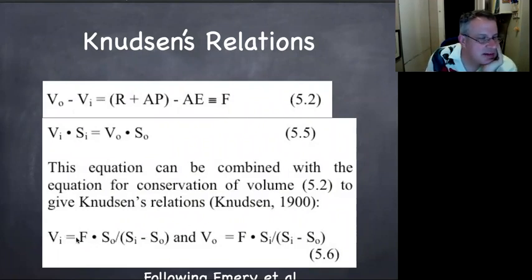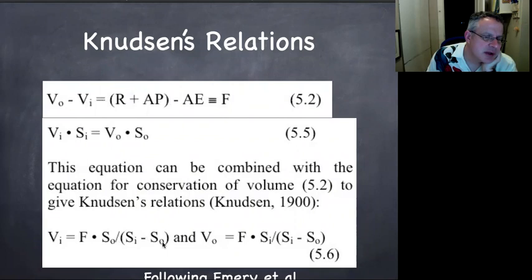This side says that the inflow, the amount of water that comes from the ocean, is equal to a ratio of this funny thing, which is the outflowing salinity over the difference in salinity between the inflow and the outflow, times the freshwater source. So the inflow is proportional to the amount of fresh water, that is evaporation, precipitation, runoff, times some funny ratio of salts.